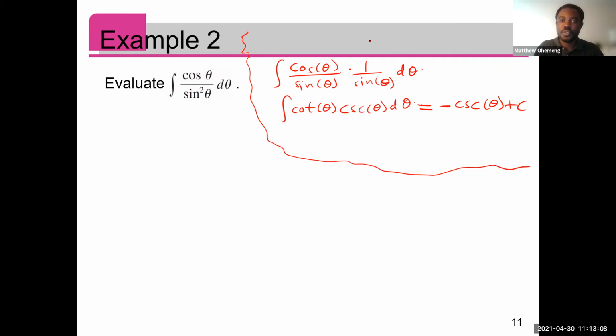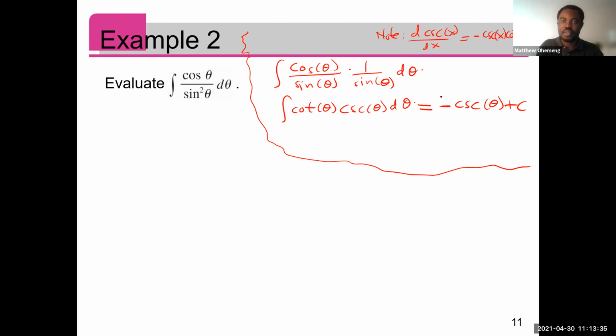Note on the side that the derivative of cosecant of x with respect to x is negative cosecant x cotangent x. So if this is positive, then that means it was the derivative of a negative cosecant of x.